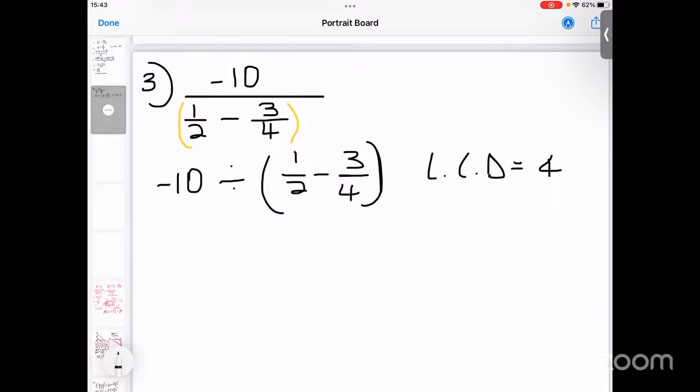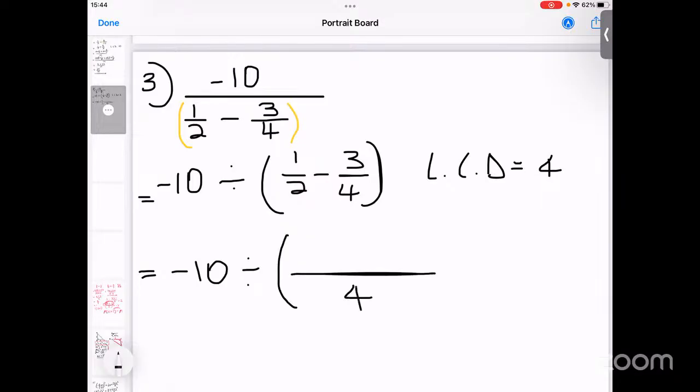Okay. So now, what are we going to do? Let's just deal decisively with this thing which is inside the brackets.